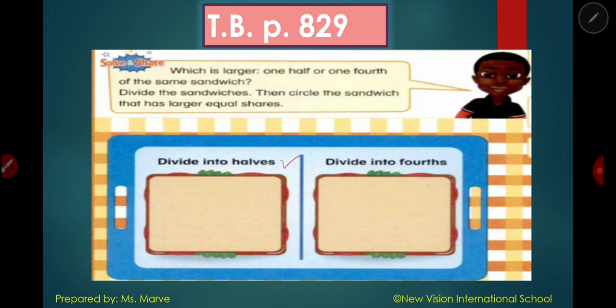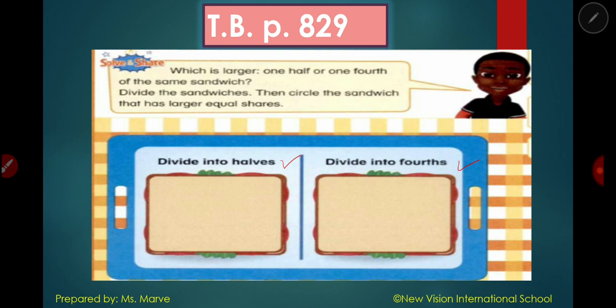The first and the second. The first sandwich you need to divide into halves, and the second sandwich you need to divide into fourths or quarters. Okay? So the question is that after you divide these 2 sandwiches, you need to decide which sandwich has a larger equal share.